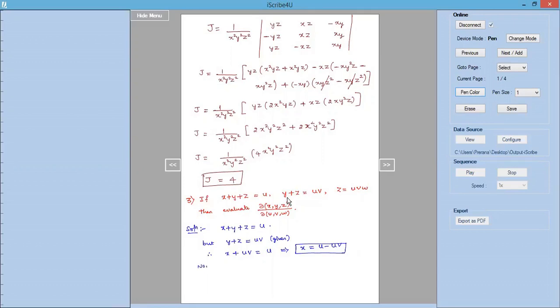Now, y plus z is equal to uv, but z is equal to uvw. So therefore, y plus uvw is equal to uv, or we have y is equal to uv minus uvw.